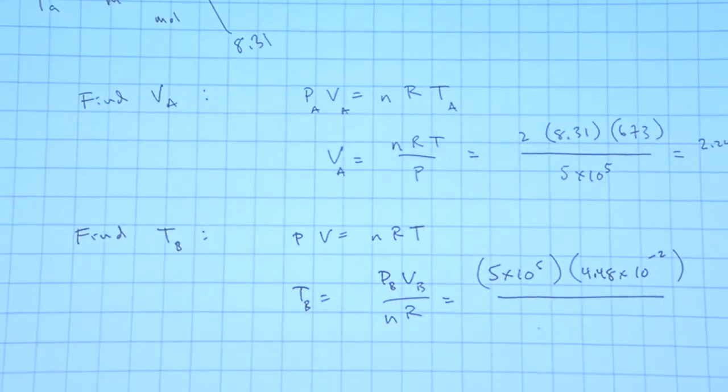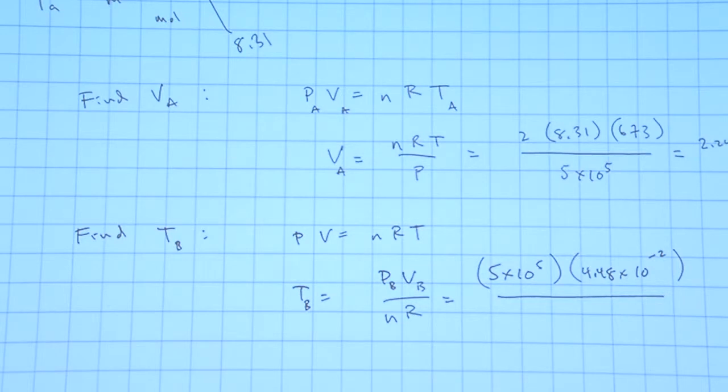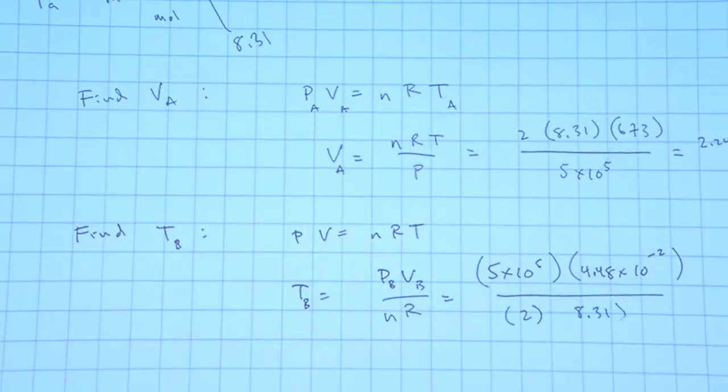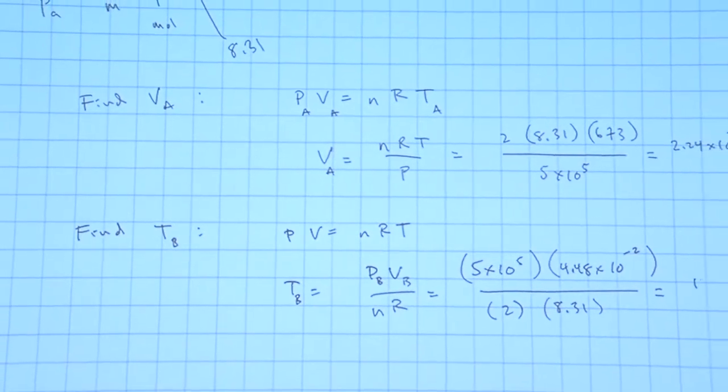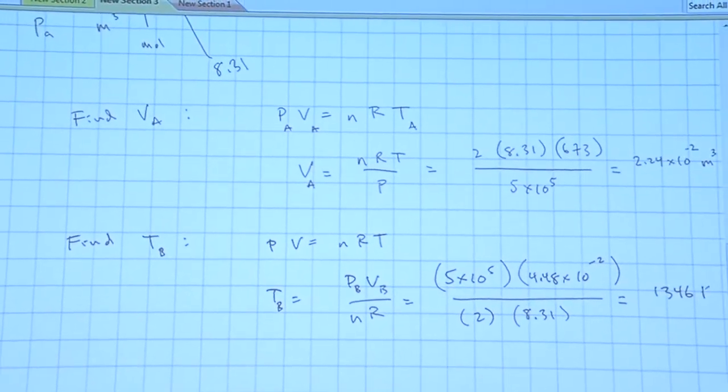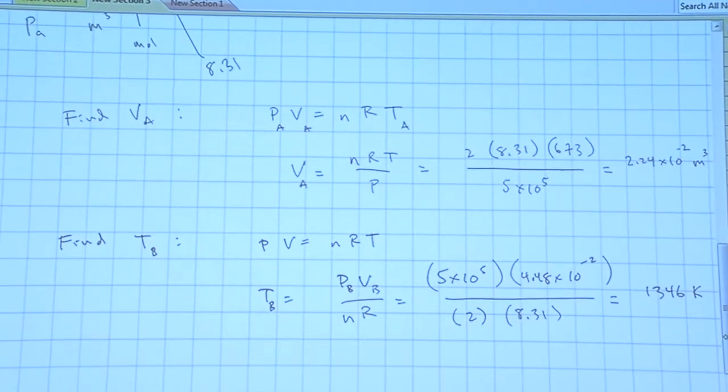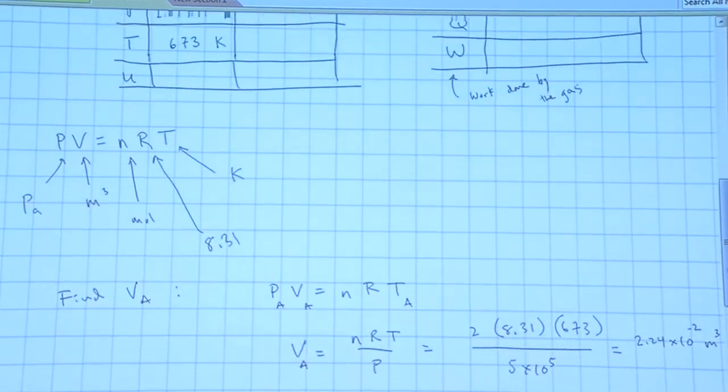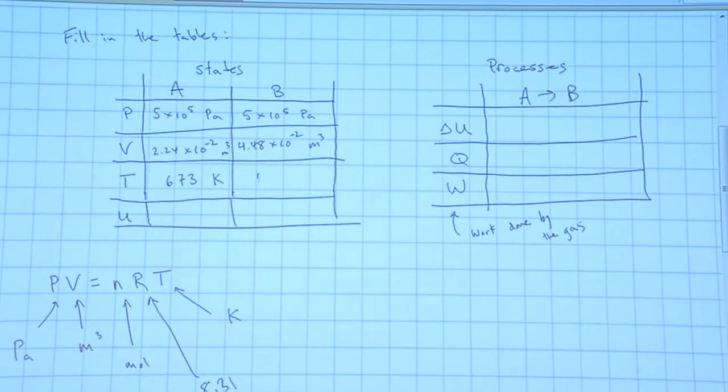Remember, pressure in pascals, volume in cubic meters, 2 moles, 8.31 for our gas constant. I got 1,346 Kelvin, so I can put that in over here.